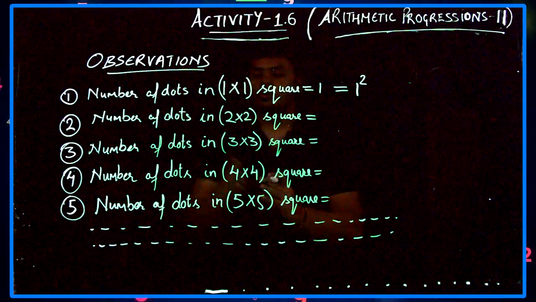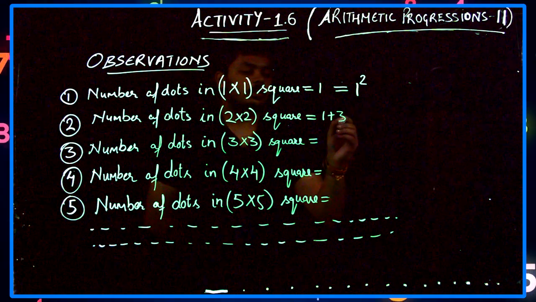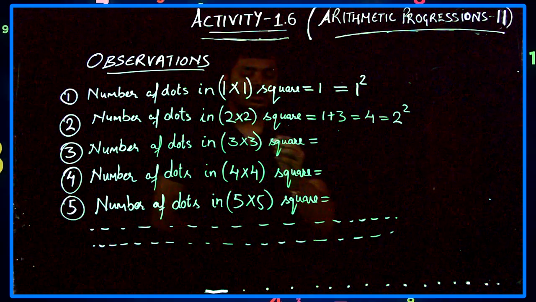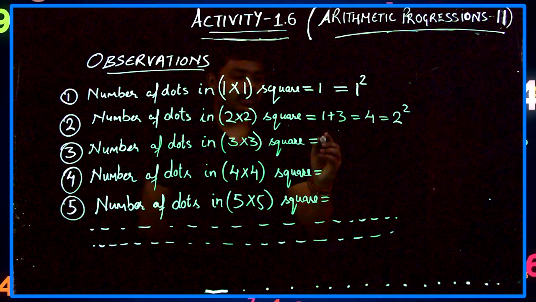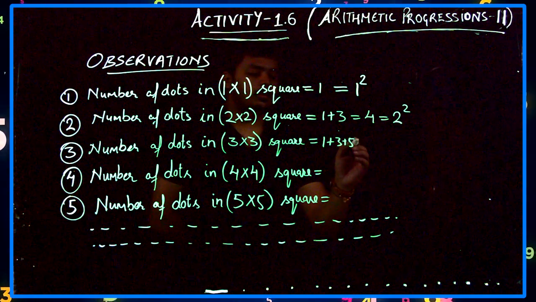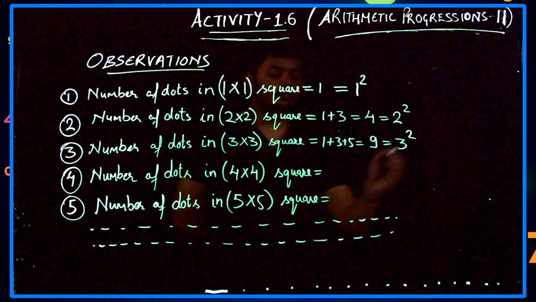So the number of dots in the 2 by 2 square equals 1 plus 3 equals 4, equals 2 square. Similarly, in the 3 by 3 square, the number of dots is 1 plus 3 plus 5 equals 9, equals 3 square.